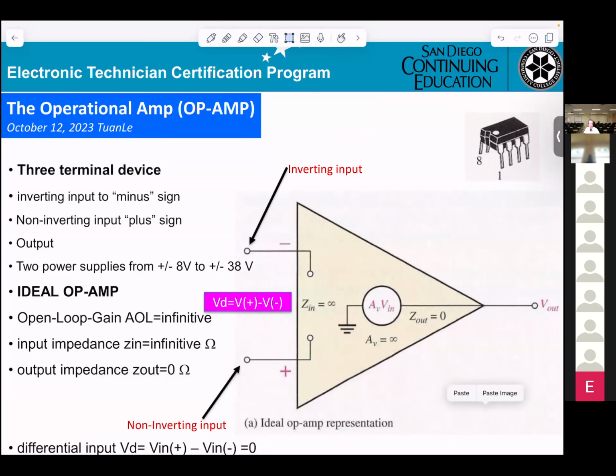Okay, so today we will start with the operational amplifier.